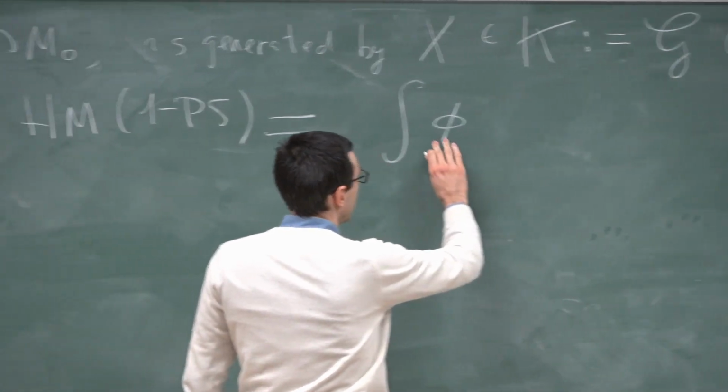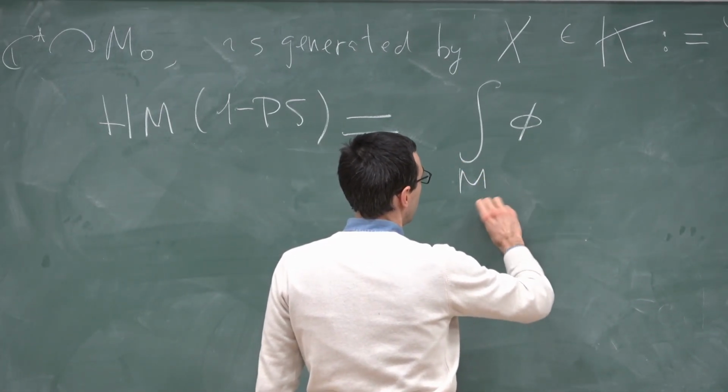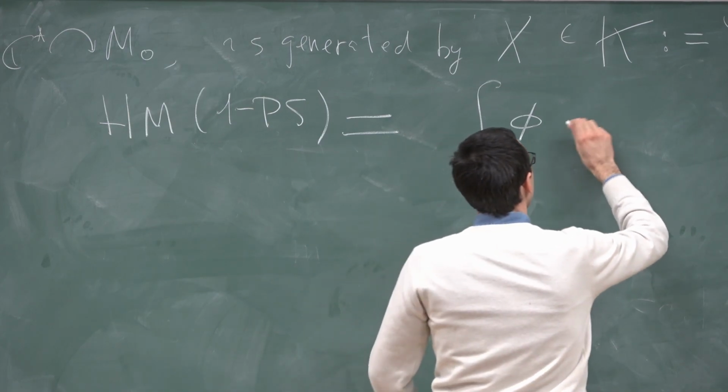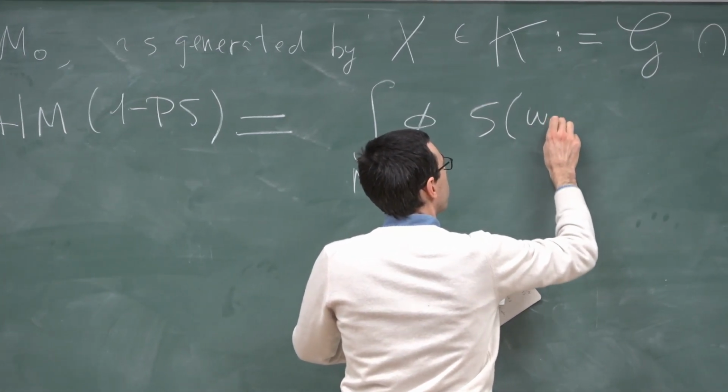So it's the pairing on M naught between phi and the scalar curvature.